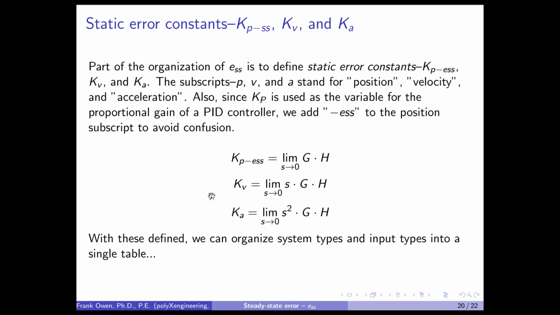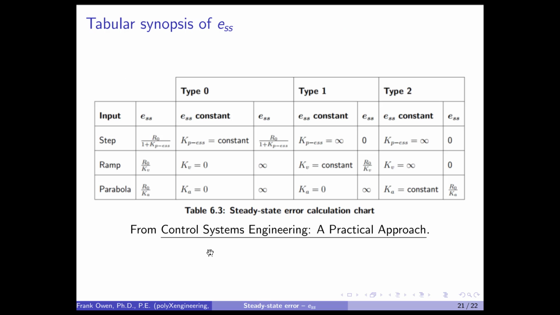Now, with these defined, and with the types of the open loop systems defined, we can put all of this into a table. And here's the table. It's in chapter 6 of my book, table 6.3. It organizes things by input type, which we've discovered, and also by type of the system, which depends on the number of free integrators, the lonely s's, in the denominator of the open loop transfer function.